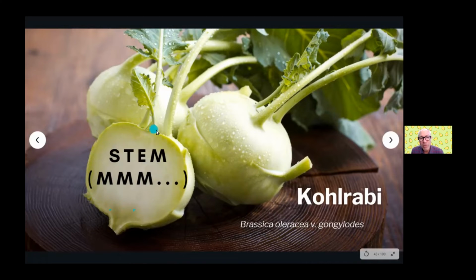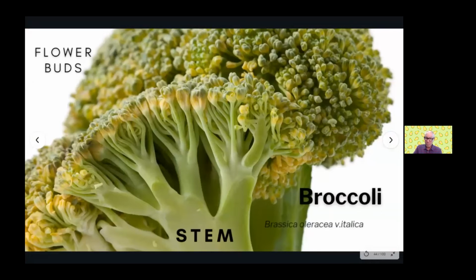This one, with its thick skin, if you remove that, you get to the nice tender flesh, if you will, that carbohydrate, stored up starch inside the stem. Brassica oleracea, same thing, it's wild cabbage, but this one is a mutation where a swollen stem has been selected for.